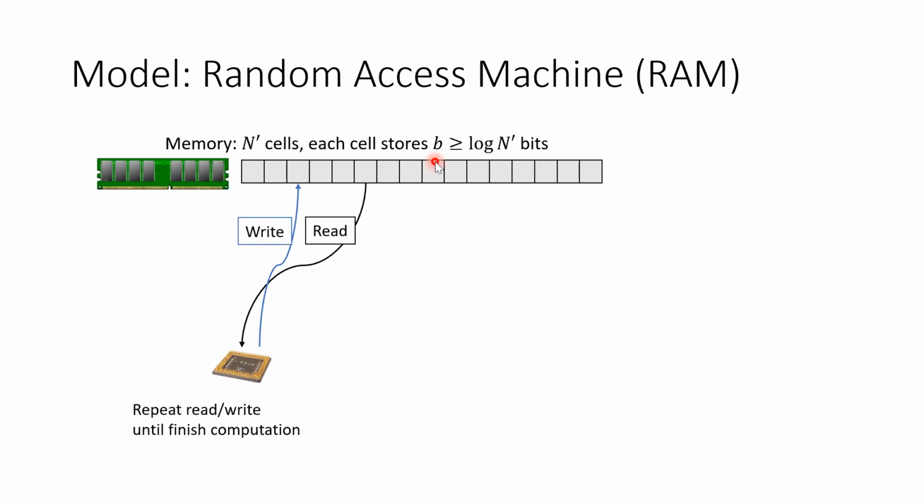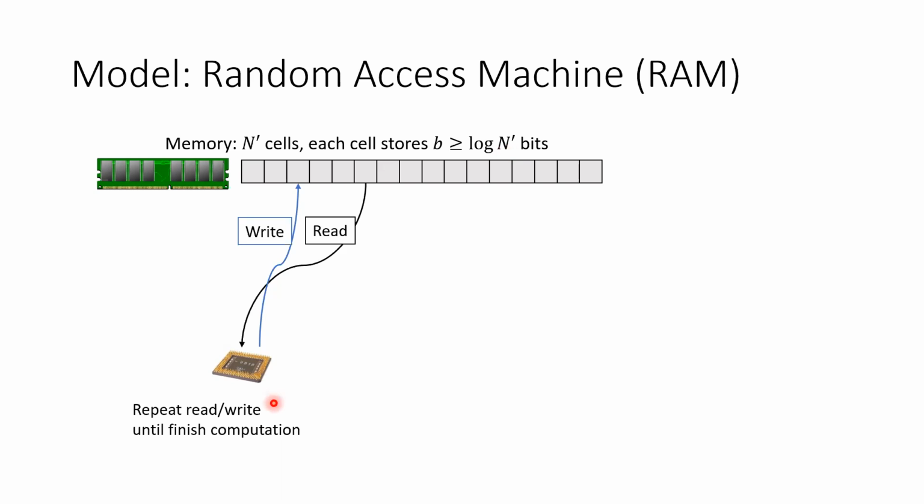This parameter b has to store the address of any other cell in the memory. So it's greater than log n. It can be much greater, but it is at least log n.